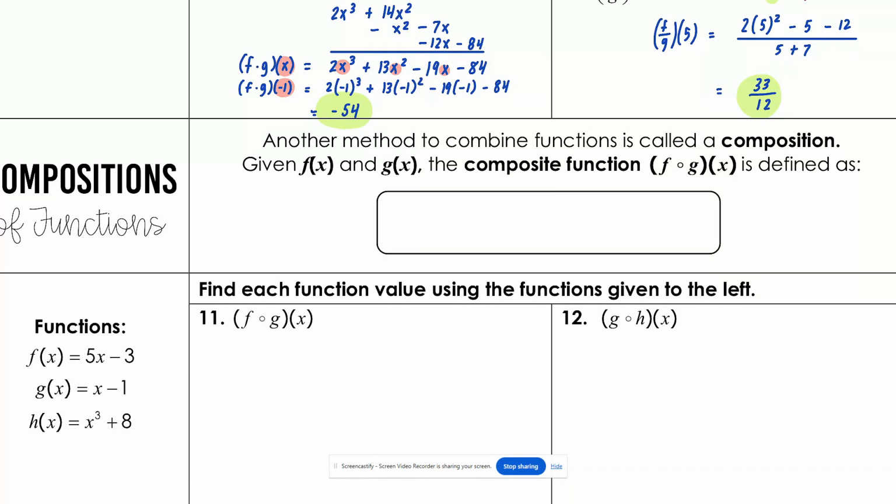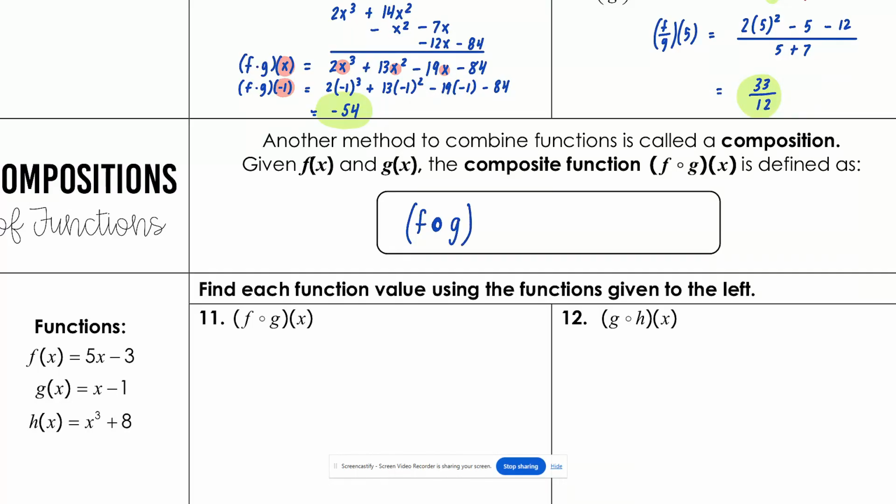But listen, here's what this means. If I have two functions, f of x and g of x, and they want me to do f of g, like that's not a dot, it's a small circle. It looks kind of like it's saying fog. It's not quite saying fog.